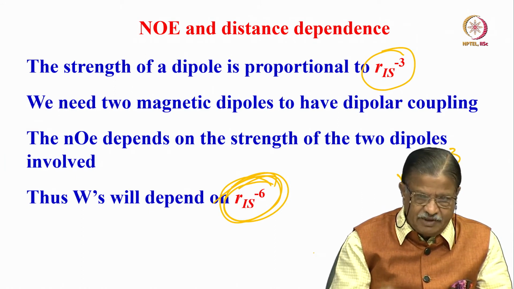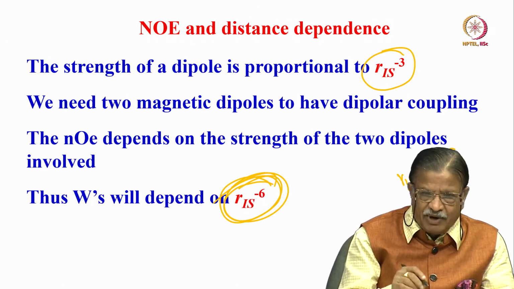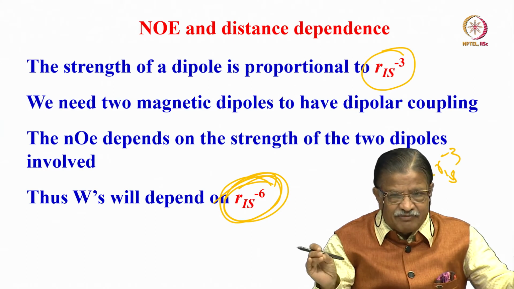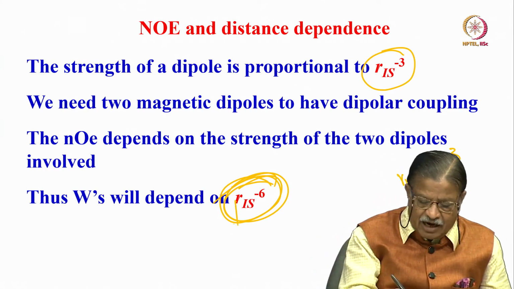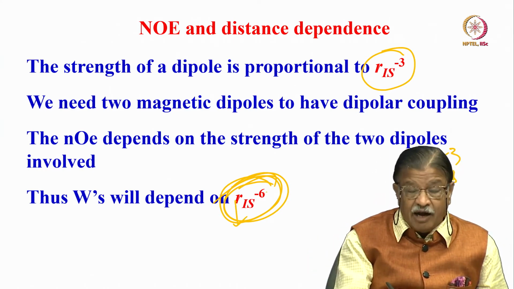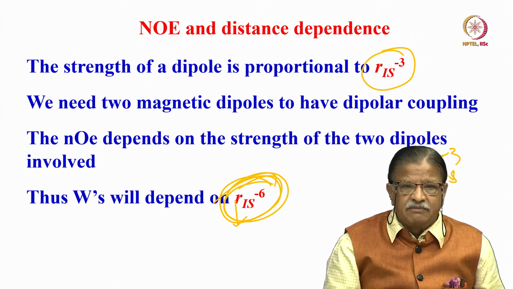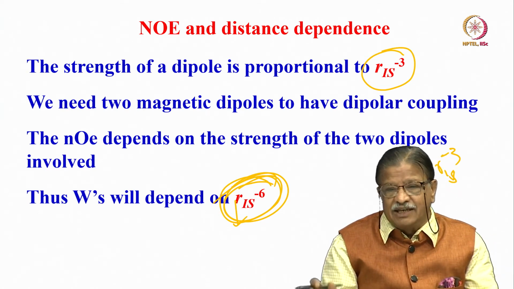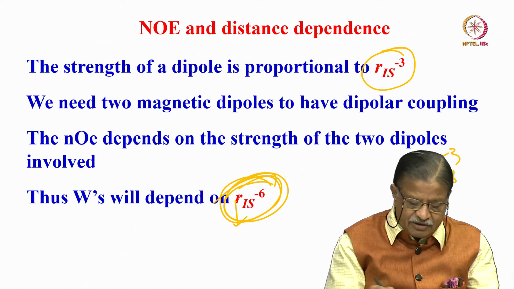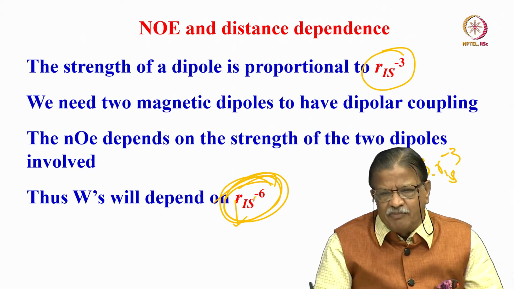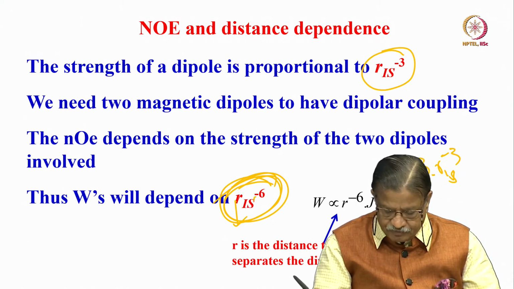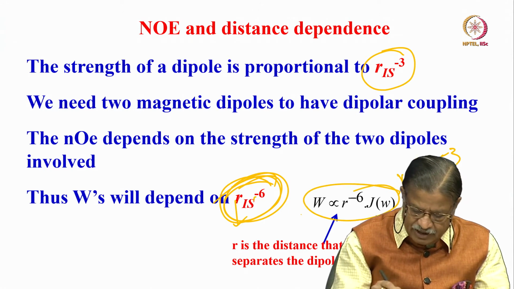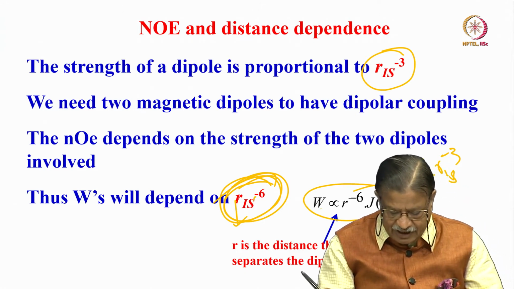Important point. That is the reason why, if you change the distance r a little bit, because of r to the power 6 in the denominator, this will drastically decrease the intensity. So, it is a very sensitive parameter, r to the power 6. This is the equation which is given with the enhancement of signal intensity.